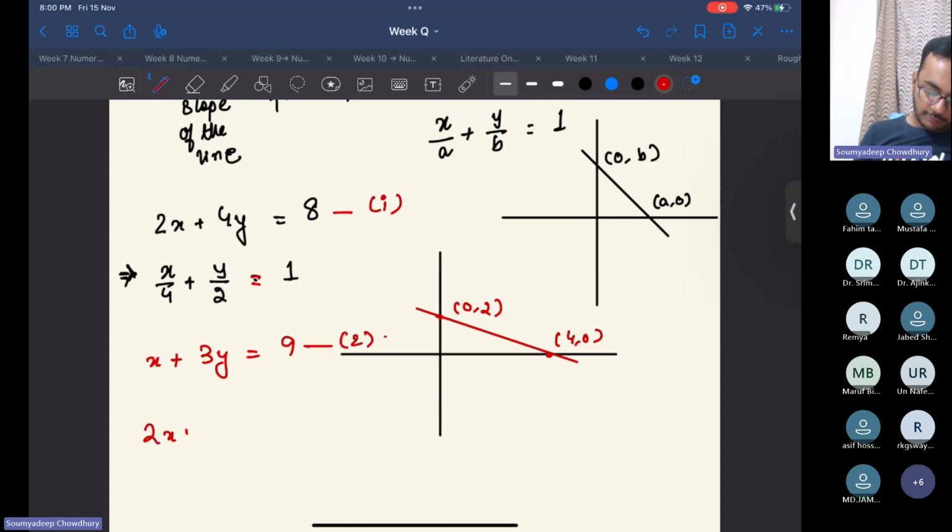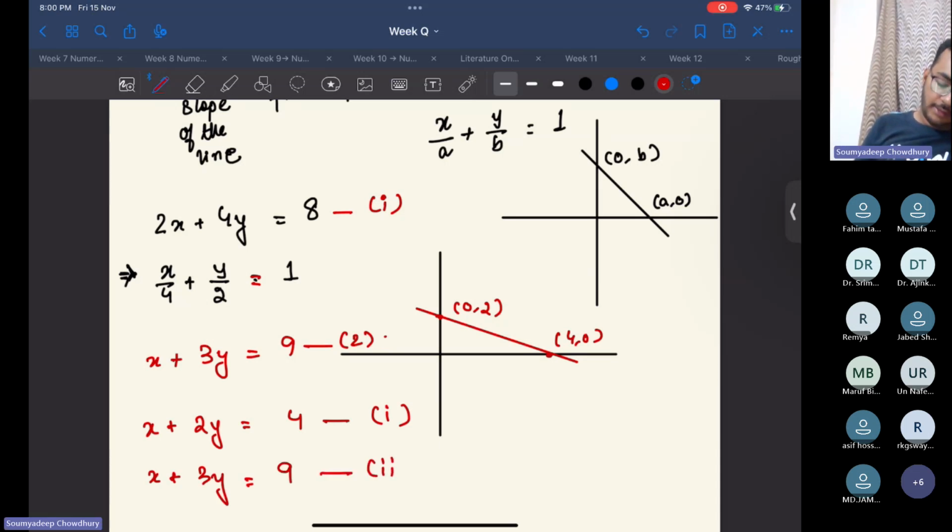So the first boils down to x plus 2y equals 4. That is my first equation. And the next equation is x plus 3y equals 9. This is my second equation.